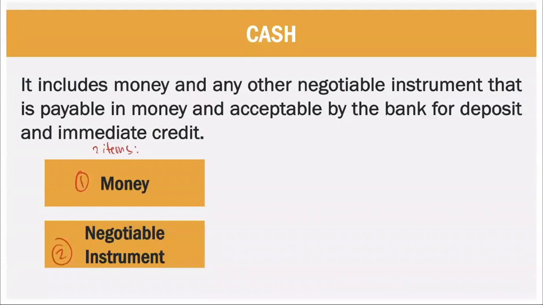Second, a negotiable instrument. But take note of the last phrase of the definition. It must be acceptable by the bank for deposit and immediate credit. Sir, what do we mean by acceptable by the bank for deposit and immediate credit? It must be readily available for use.